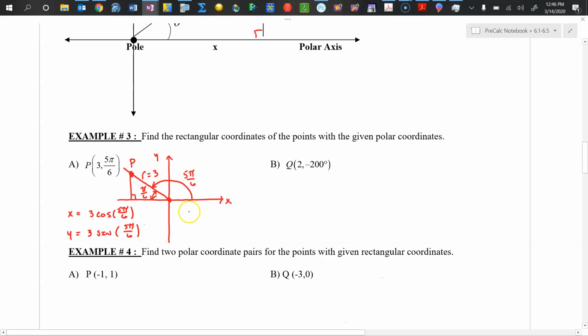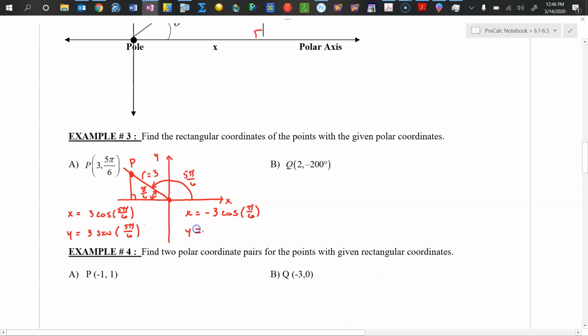Another option would be to find the x-coordinate by looking at the reference triangle and paying attention to the fact that the cosine of pi over 6 is positive. So when you put your hypotenuse in there, you're going to have to throw a negative in front of it to account for that positive cosine of pi over 6.